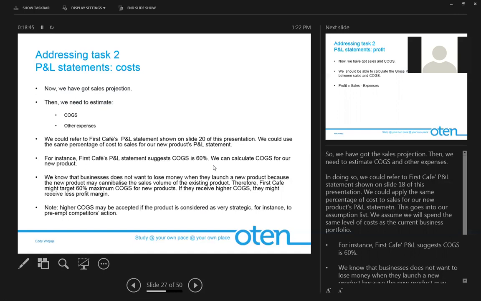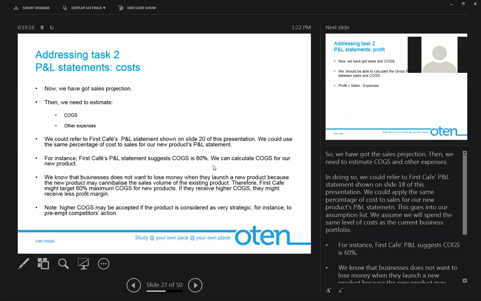The current customers are buying the existing product that generates 40% gross margin because the cost is 60%. If we launch a new product and they shift their consumption to it, that means cannibalization. If the cost is more expensive with the new product, we are going to lose profitability.